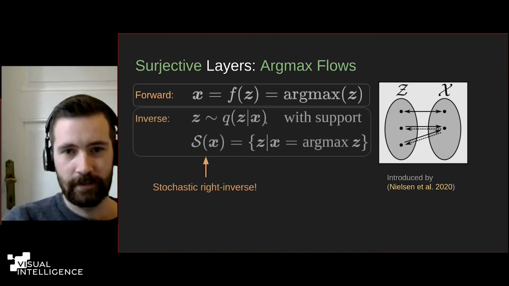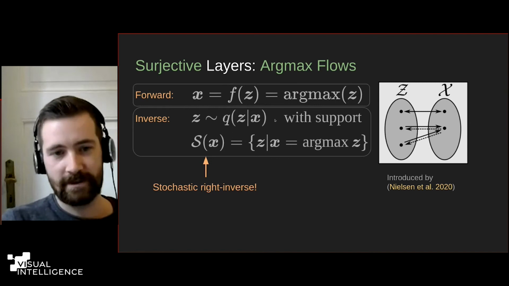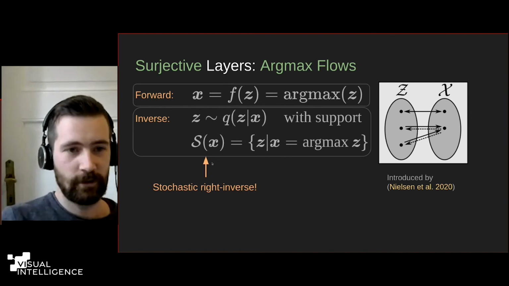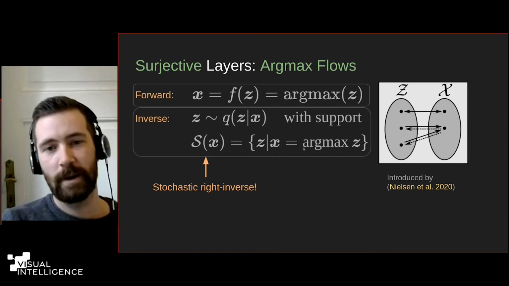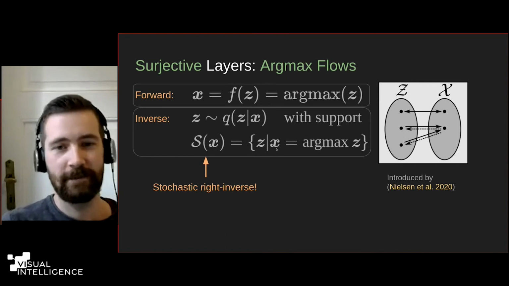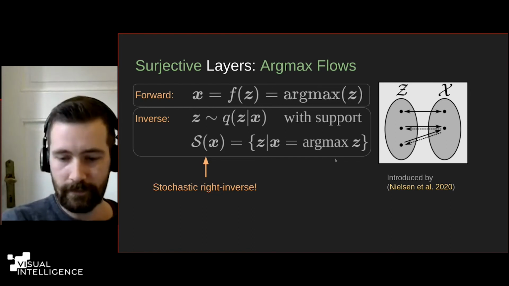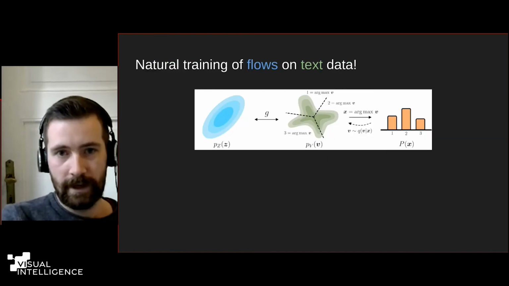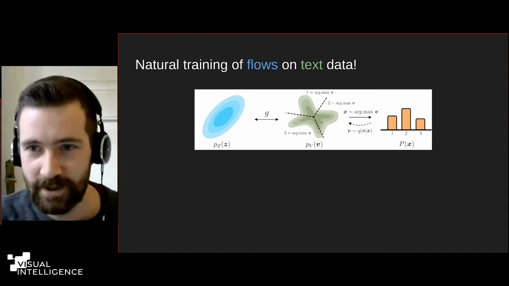To stochastically invert this, we again use a stochastic right inverse. So any distribution that has support over sets that would map back to x. That is essentially any vector where, if x is 3, element number 3 is the largest, because that would map back to the same x. And yeah, that's really the long story short on how this works.